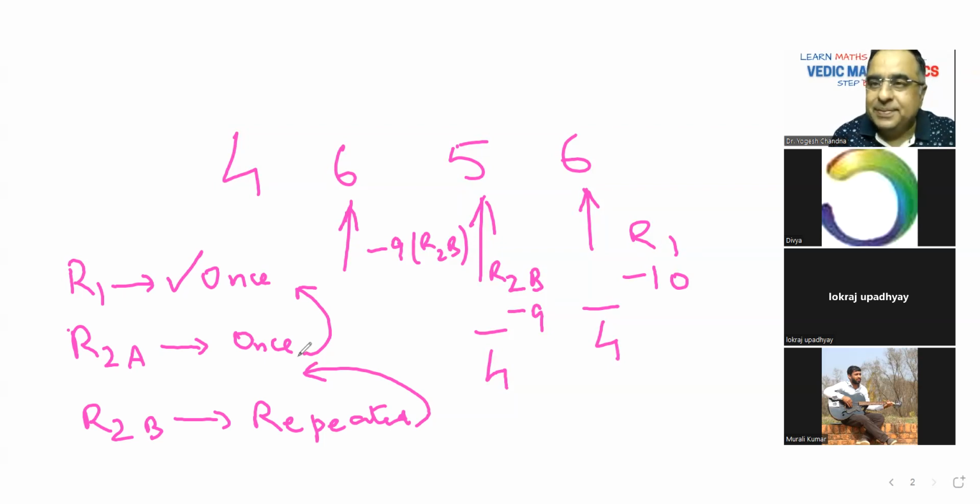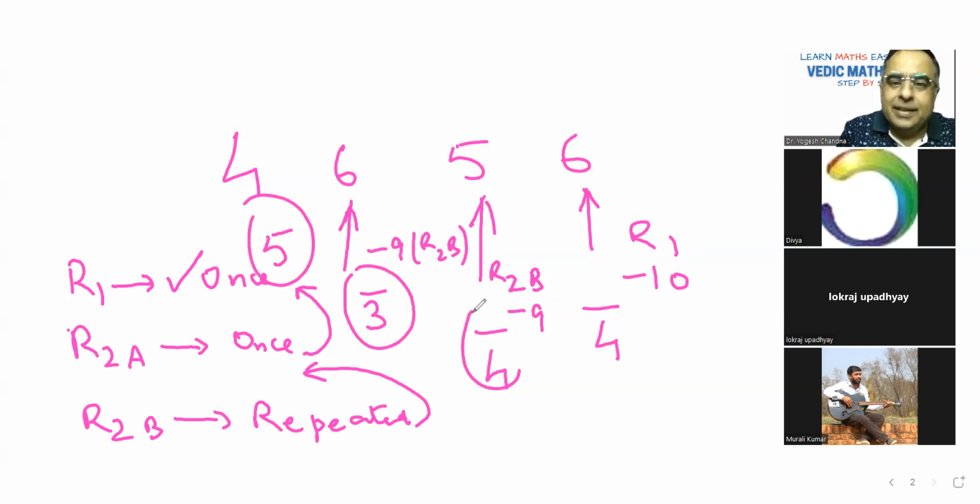Now understood? We cannot repeat R1 here. R1 will be repeated only after this. Now here you will get 3 bar, and R2A applies, that is 5.